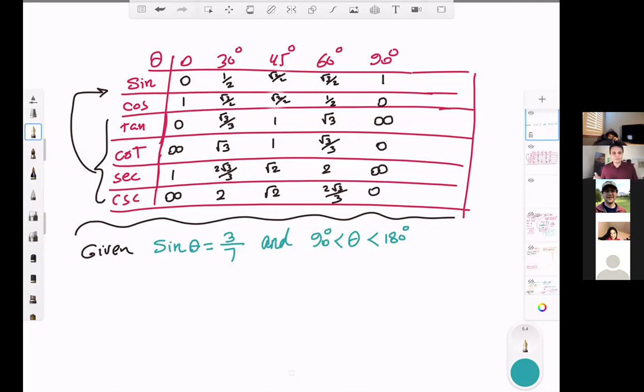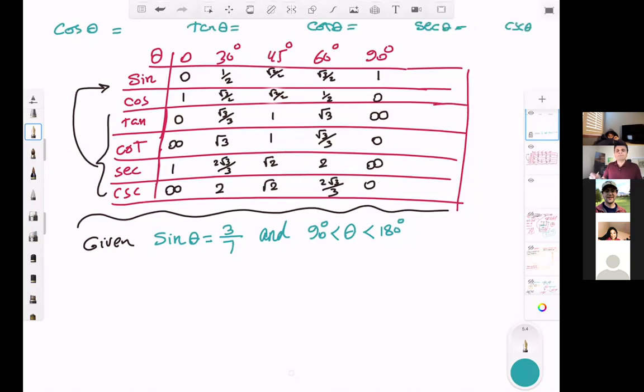So we have this information, and they ask us to solve for the remaining trigonometric functions. That means we need to find the value of cosine of theta, tangent of theta, cotangent of theta, secant of theta, and cosecant of theta. Agree?